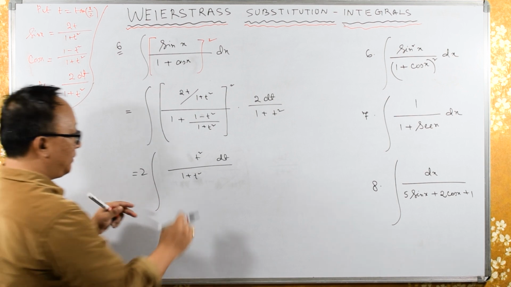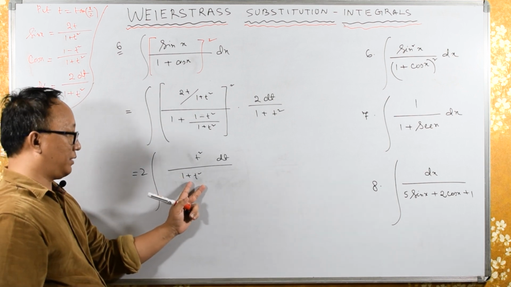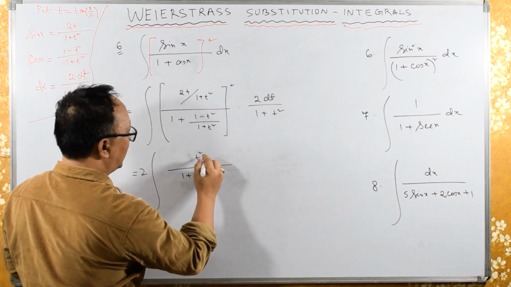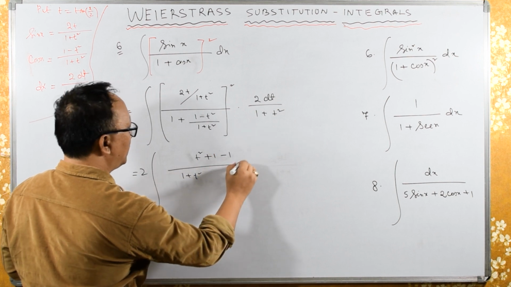Now in the denominator we have 1 plus t square, so instead of t square I can say t square plus 1 minus 1, dt.